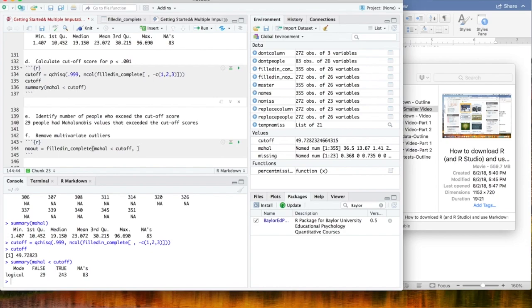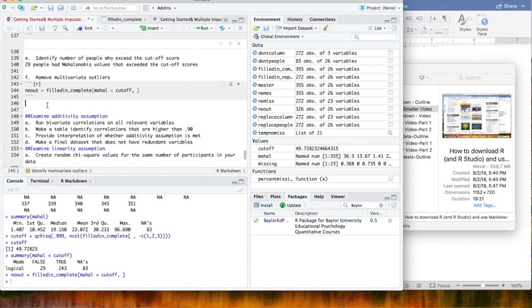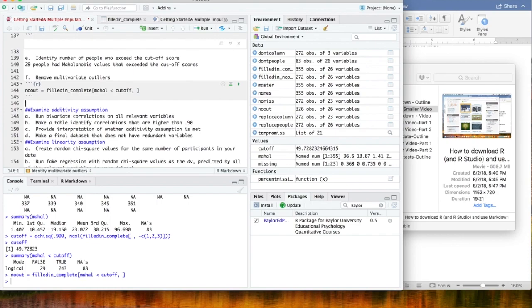That's why this is going to be blank. Okay. So we're done with outliers. That's how you identify and remove multivariate outliers.